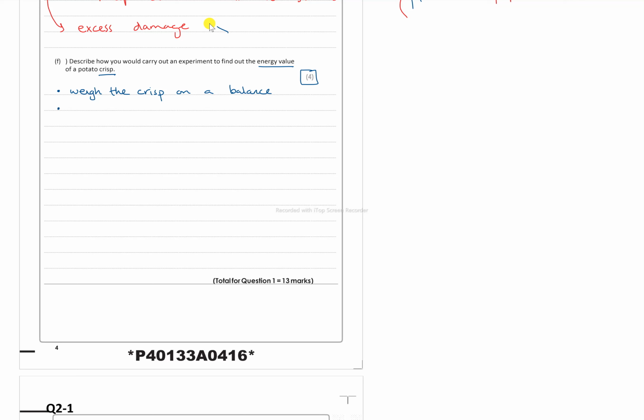Then what you do is put the crisp on a mounting needle, set the crisp alight and put it under.